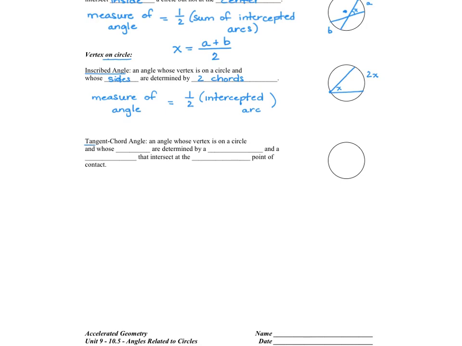A tangent chord angle is an angle whose vertex is on a circle and whose sides are determined by a tangent and a chord that intersect at the tangent's point of contact.